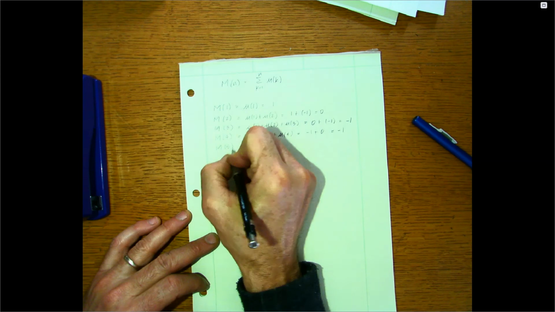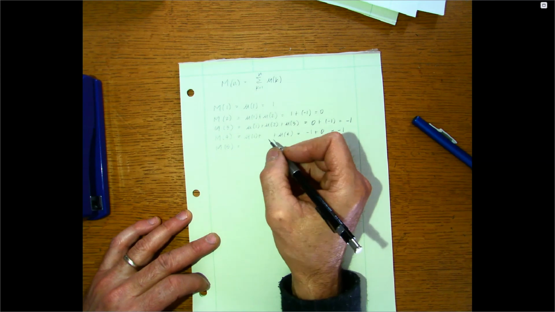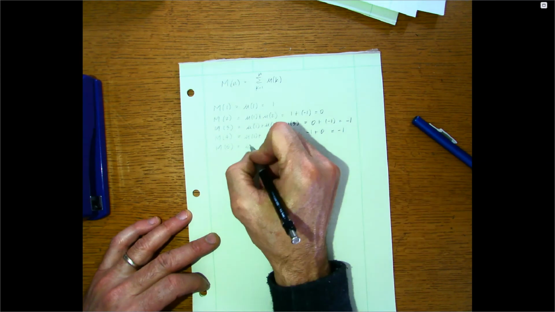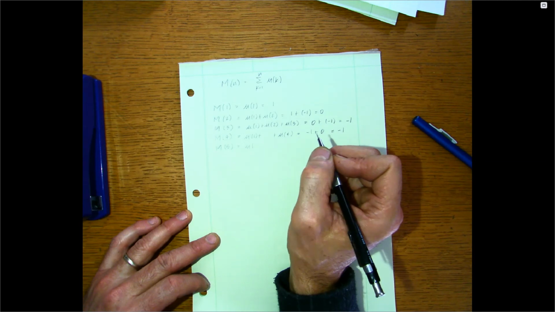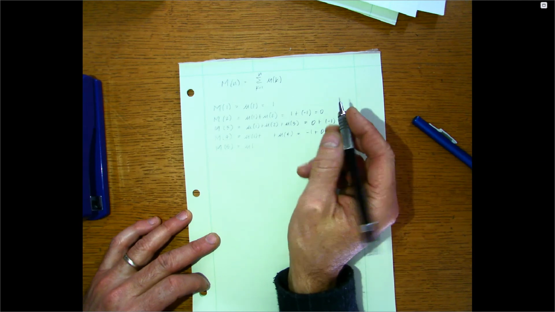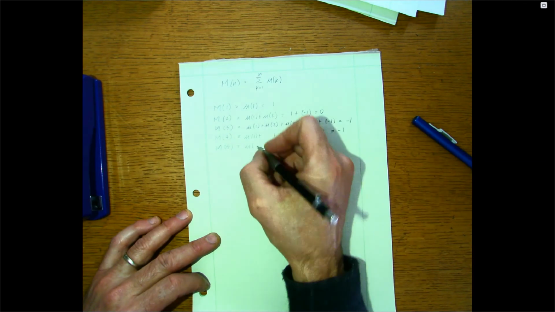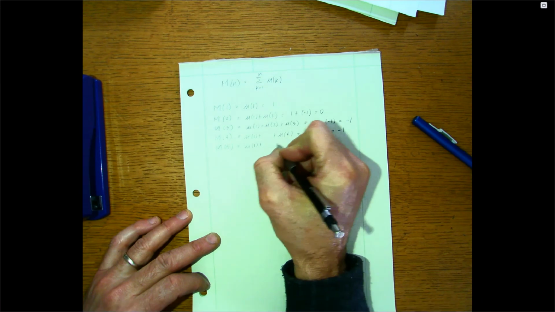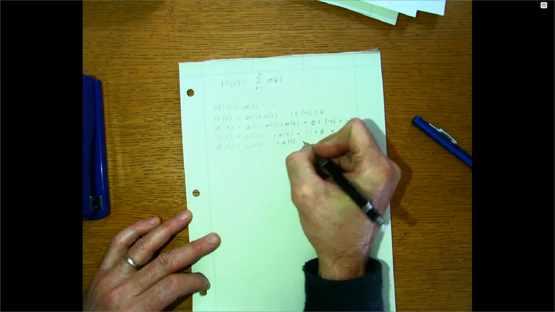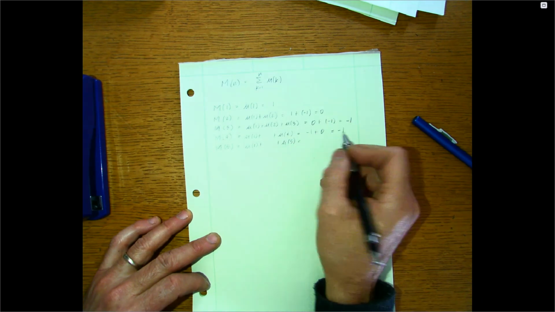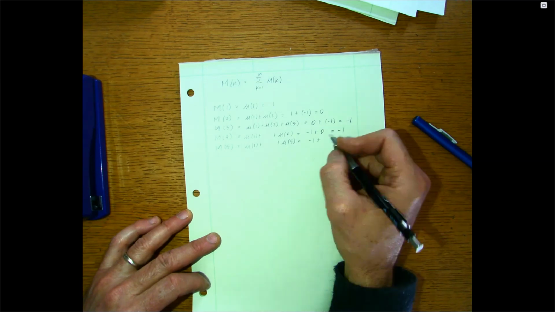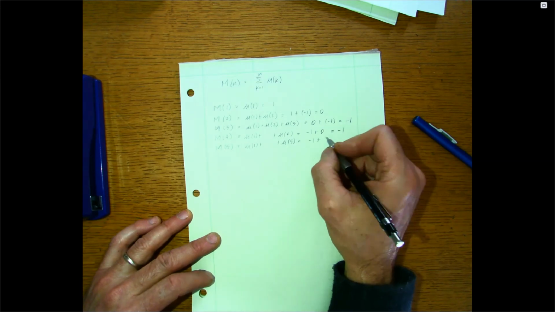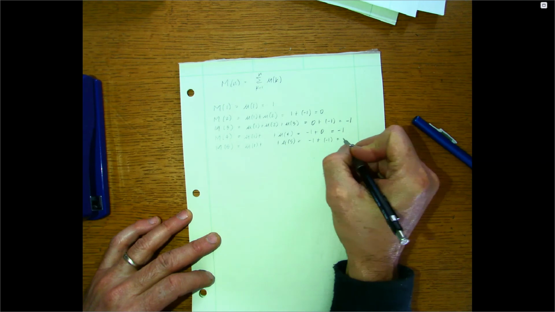M of 5, well, let's see, that'll be mu of 1 plus all the way up to mu of 5. So we know that the sum through 4 is negative 1, and then mu of 5, since it is a square-free number and only has one factor, will be a negative 1, so this will be negative 2.